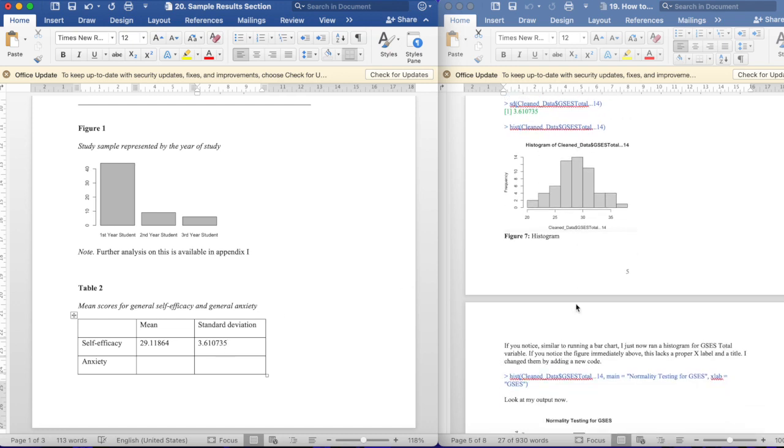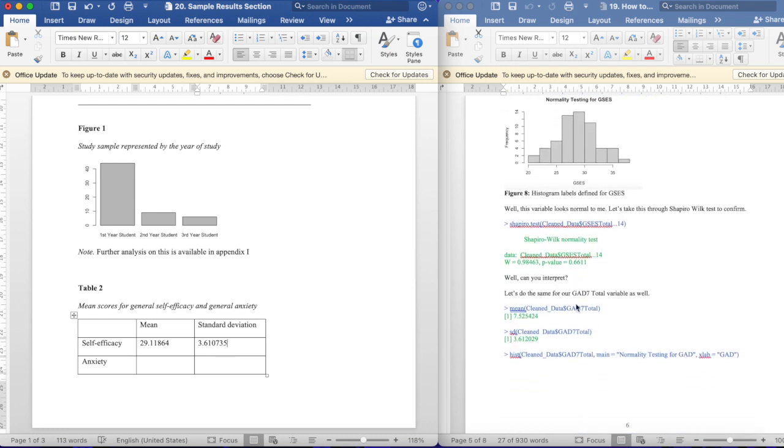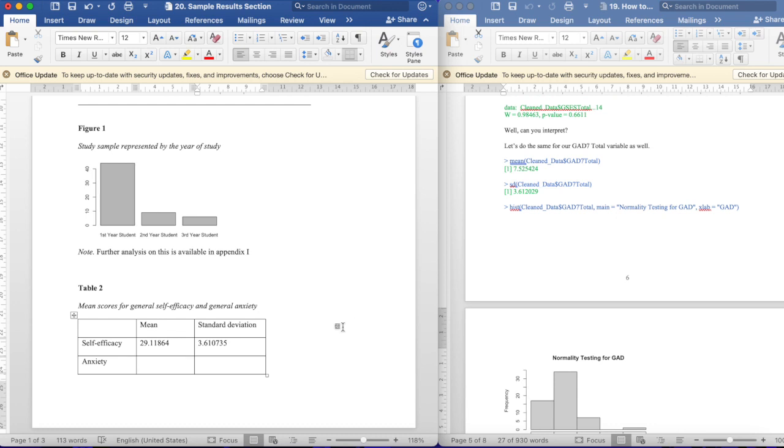Now let's check the same for anxiety as well. Anxiety has a score of 7.525424 with a standard deviation of 3.612029.